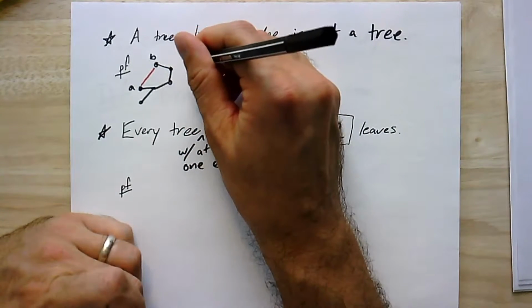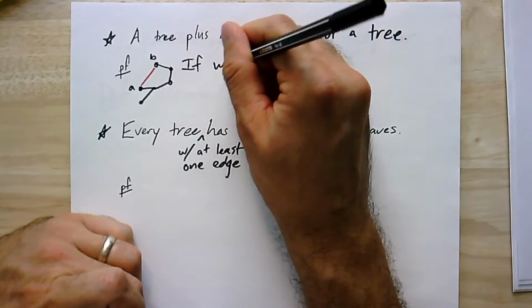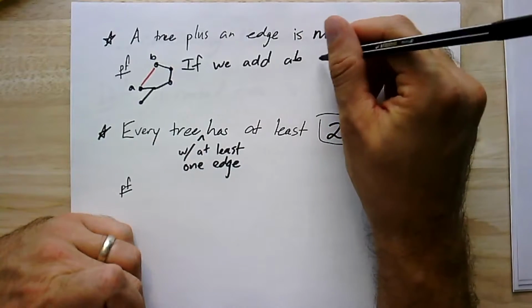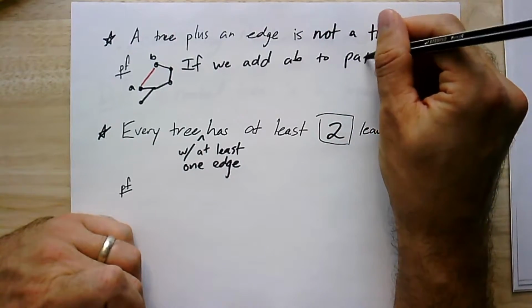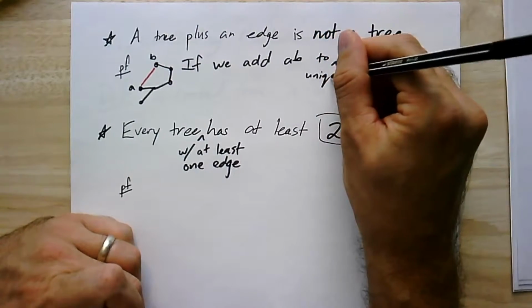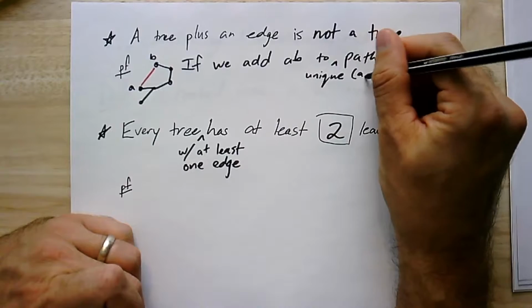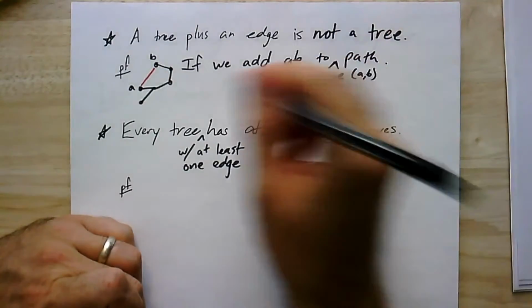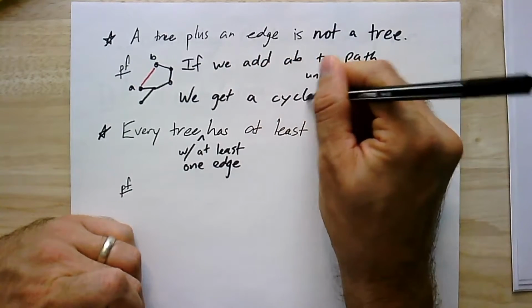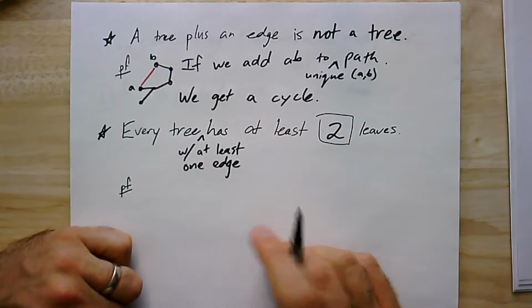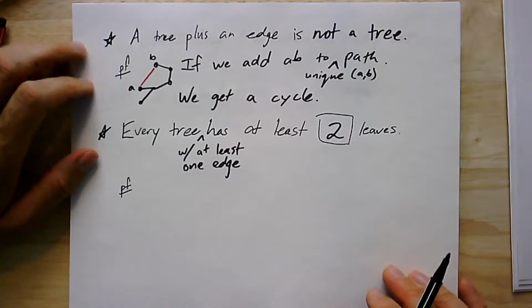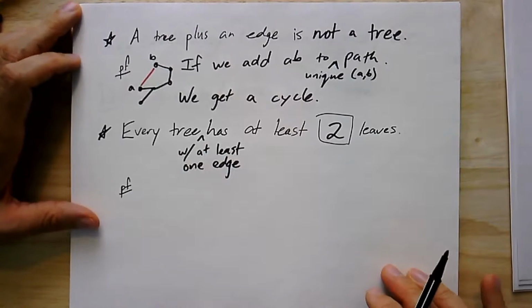So if we're adding AB to the path, remember there's a unique one, but in this case we just need any old one, the unique AB path, we get a cycle. If we have a cycle, then we don't have a tree because trees have no cycles. Easy. On the other hand, why does every tree have at least two leaves?